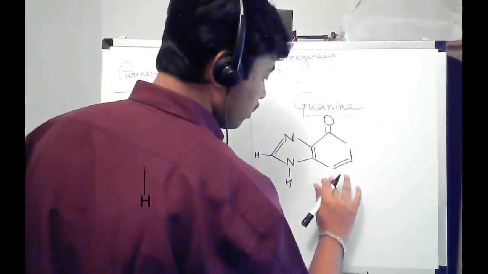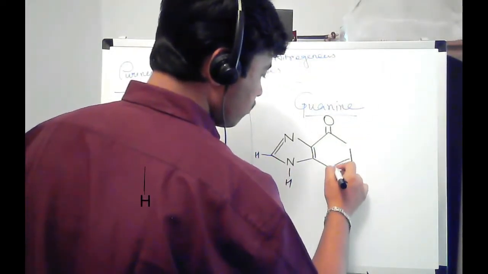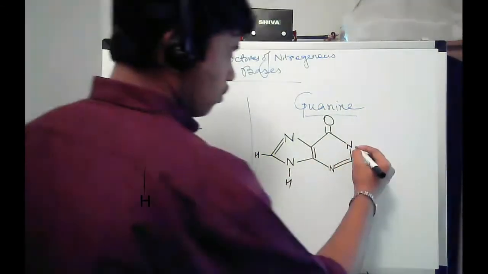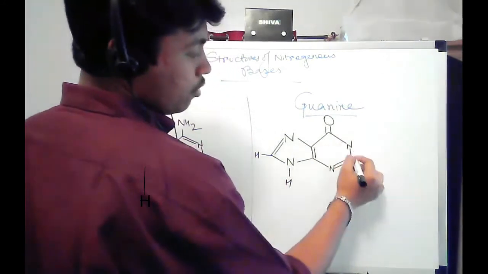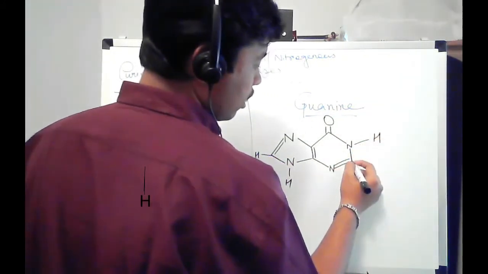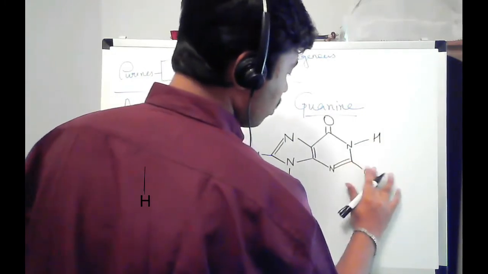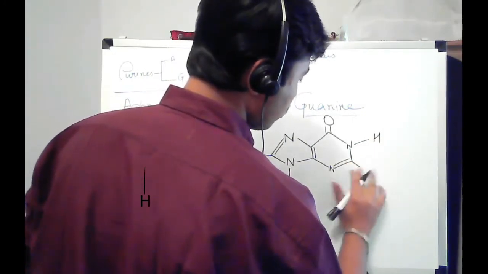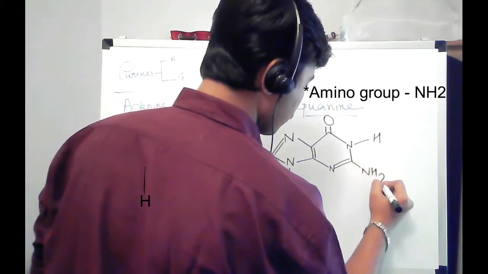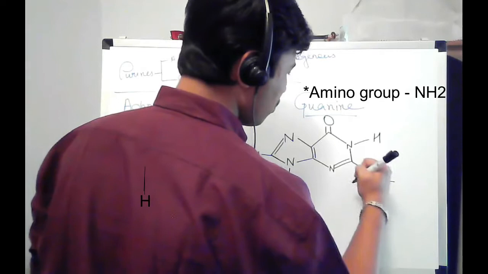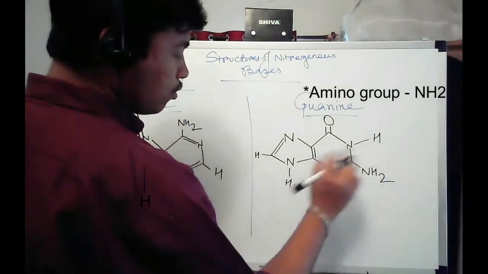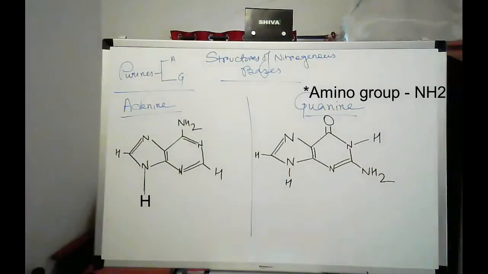There will be N over here and N over here. Now this N already has two hands busy, and the third hand will bind to one hydrogen each. And this carbon over here will bind to a nitrogen, NH2, and this one, two, three. Yeah, it's done.